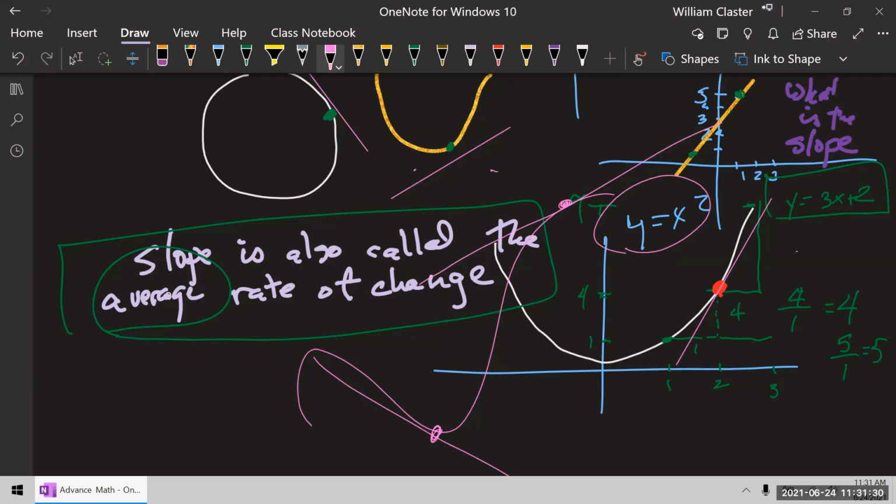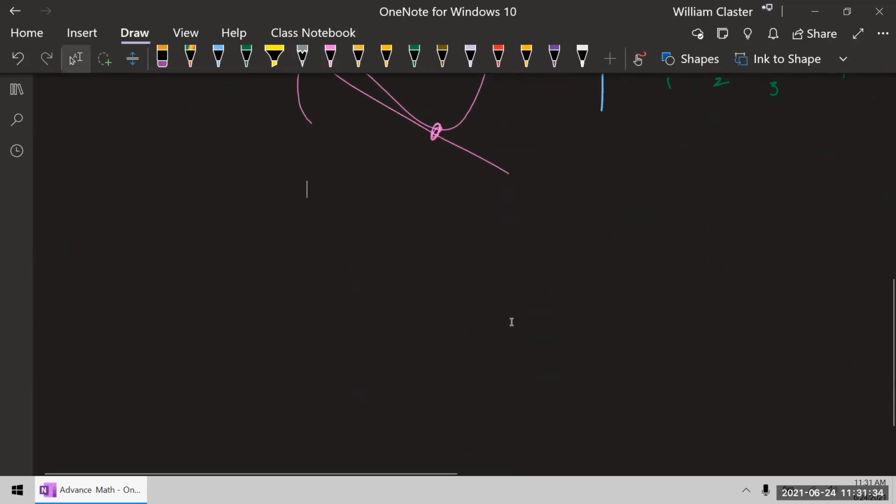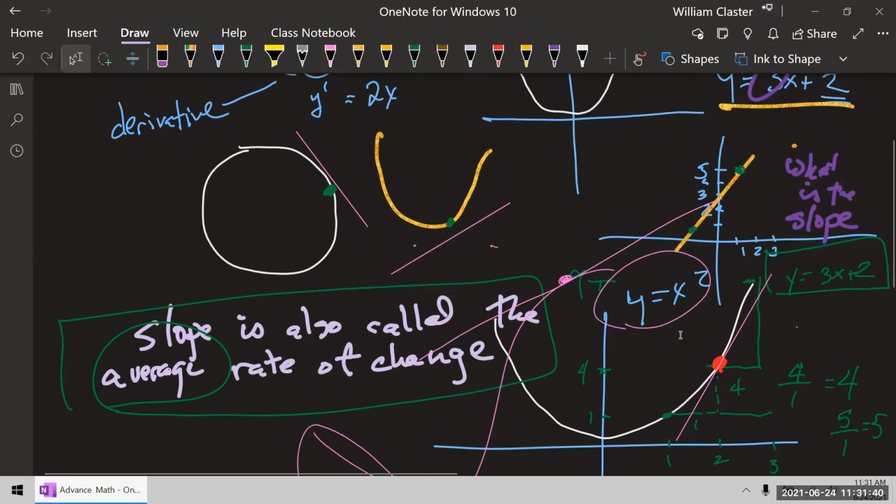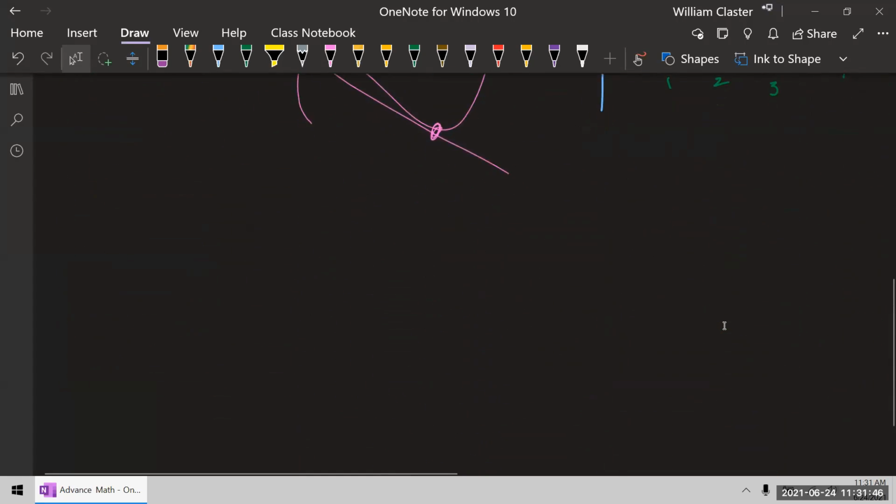So now we have a concept, or a definition, for the slope not just of a straight line like this one, but of a curved line like this one. Now actually in calculus we figure out how to find those slopes. We can actually find the slope of a curved line.